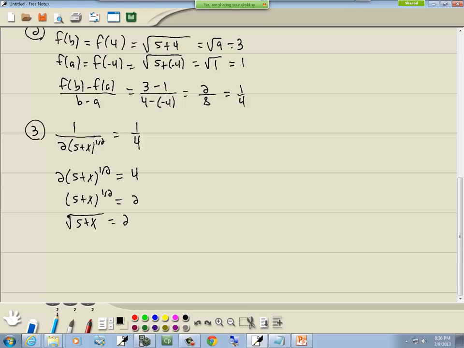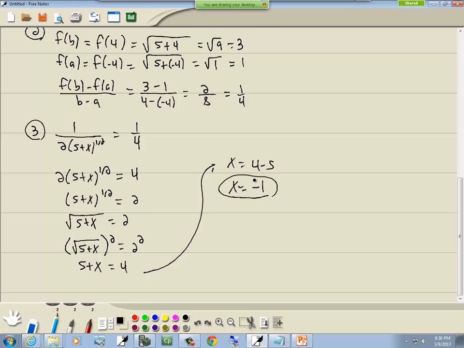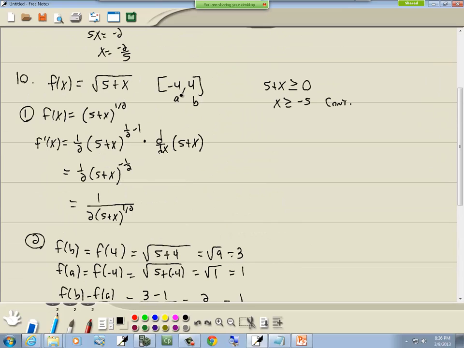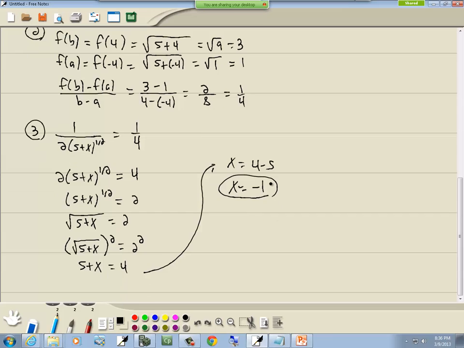There's no number in the little slot right here, so it's by default 2, so we'll square both sides. So we got square root of 5 plus x squared is equal to 2 squared. So we got 5 plus x is equal to 4. Take the 5 over, and we get 4 minus 5, so x is equal to negative 1. Now if I look up here, negative 1 is between negative 4 and 4, and that would be our answer.